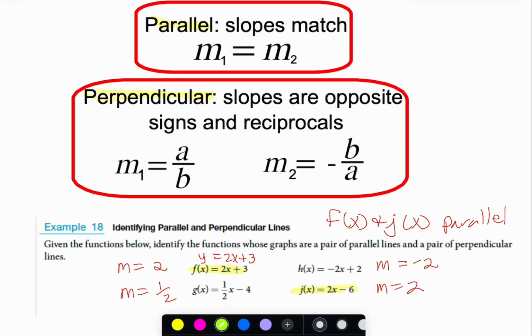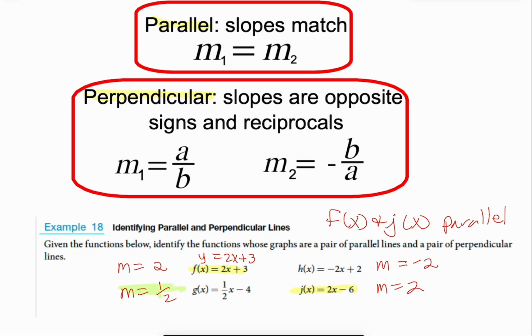So a way to check is if you multiply two things that are opposite reciprocals, you should always get -1. So if we multiply -2 times 1/2, guess what? We get -1. So that's a quick little check to see if they are perpendicular, which they are. So g of x and h of x are perpendicular.